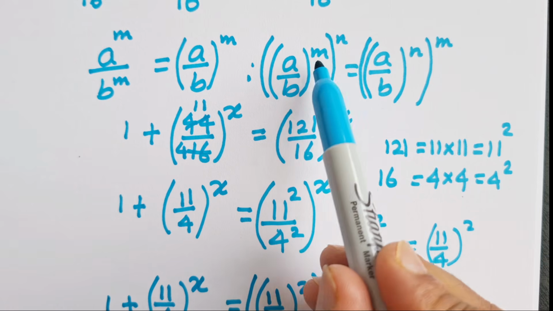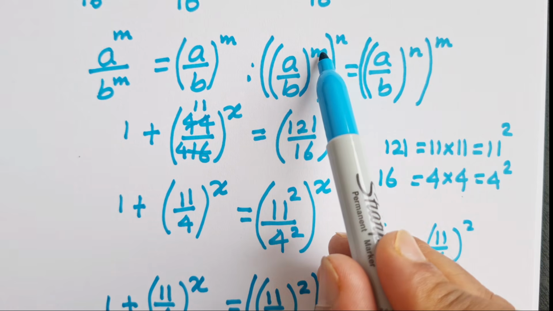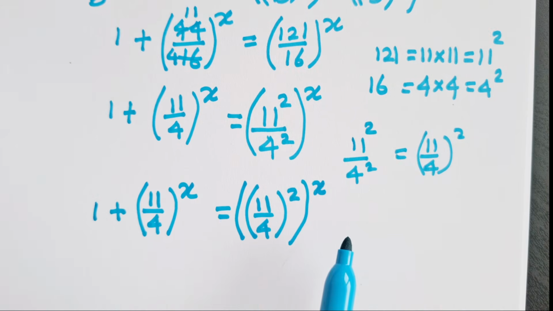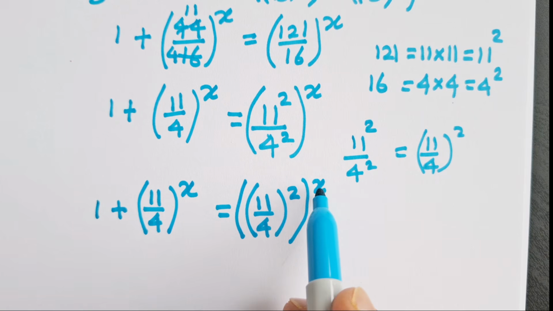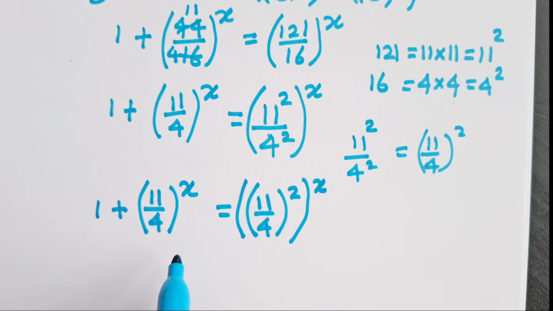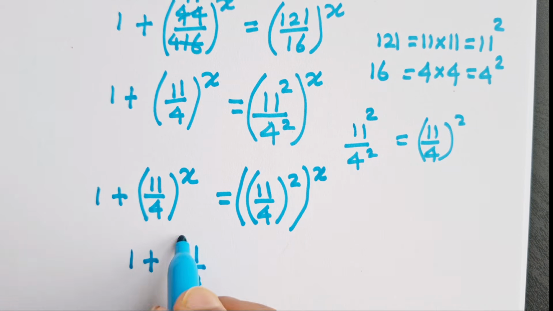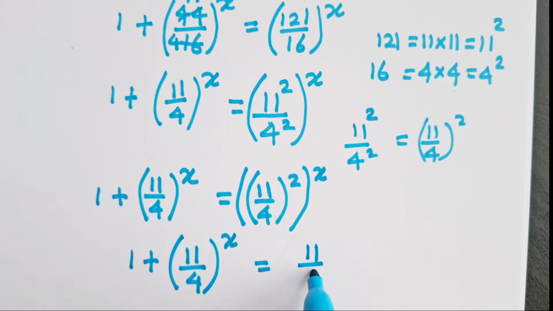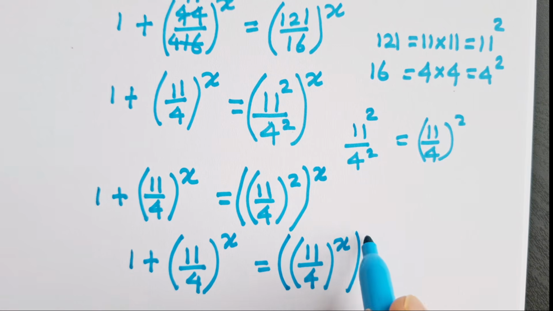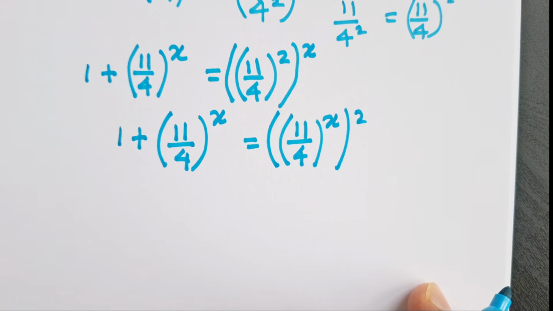Now according to these exponential rules, we know that this m and n can be switched. Likewise, this 2 and x also can be switched without any problem to the equation. So we have 1 plus 11 over 4 whole to the power of x is equal to 11 over 4 whole to the power of x whole to the power of 2. These 2 and x can be switched.